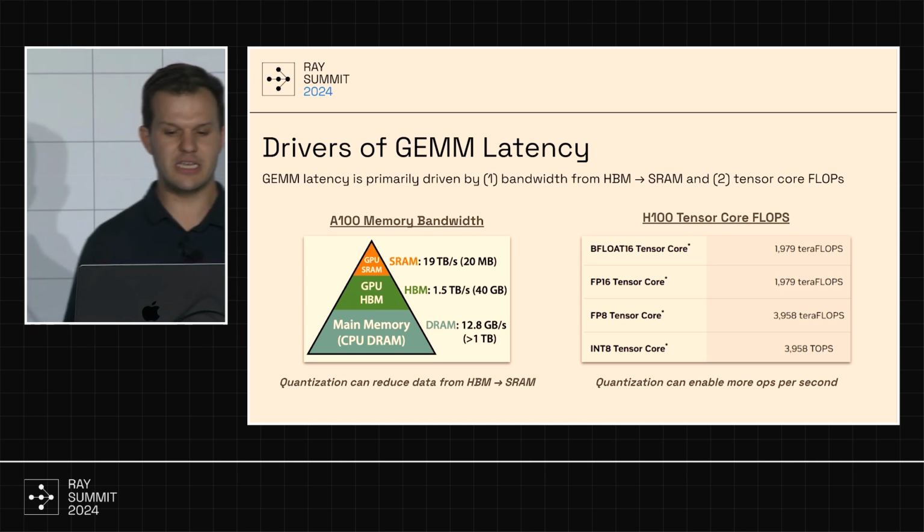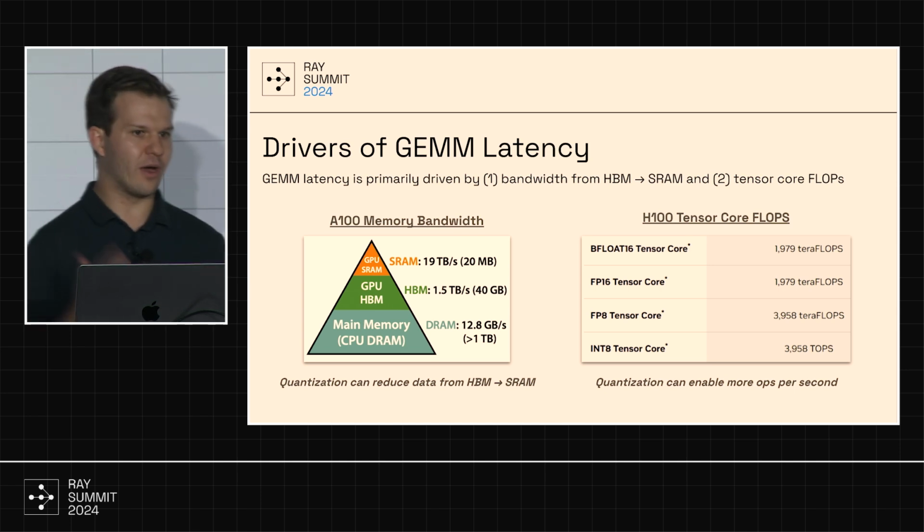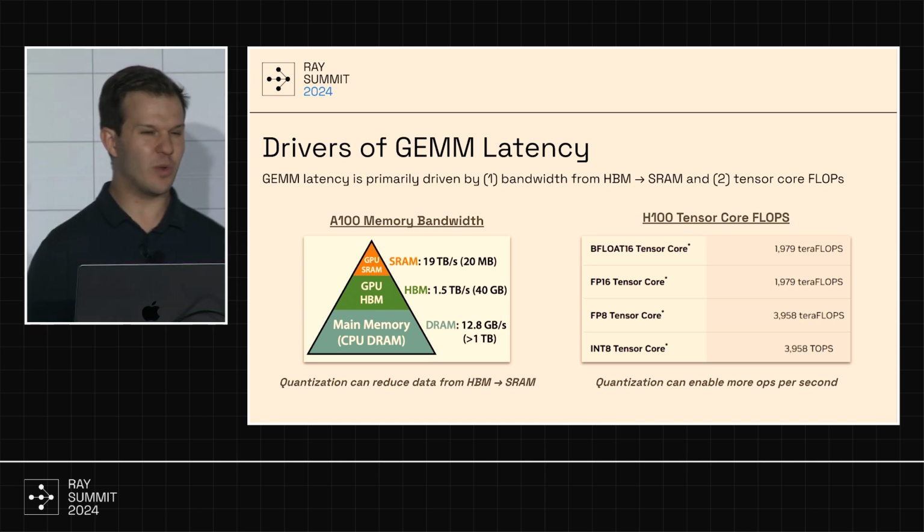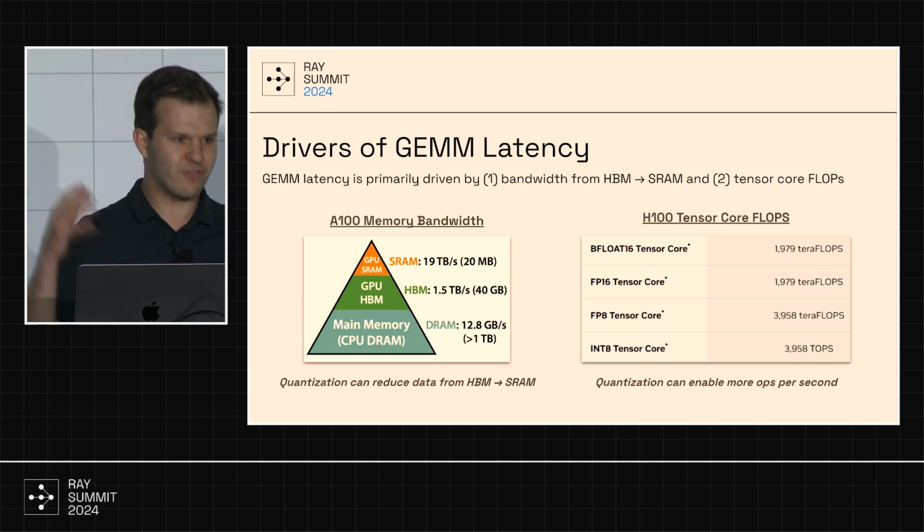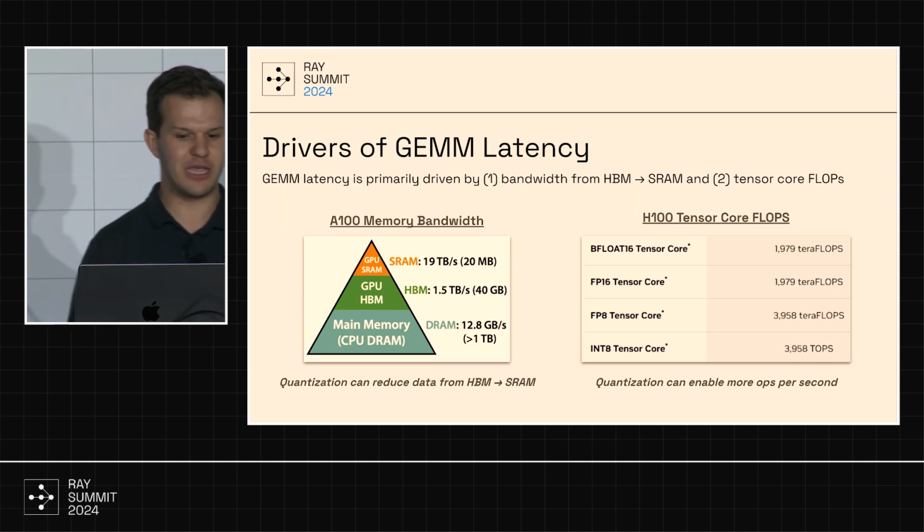And we can see one of the ways that quantization can help us is that since we have less weights to move, since we've compressed from FP16 to FP8, there's less data that has to move from HBM into the SRAM.